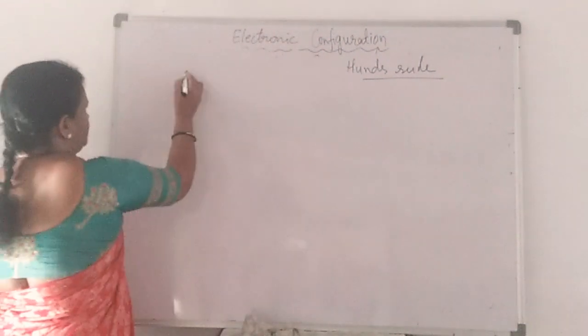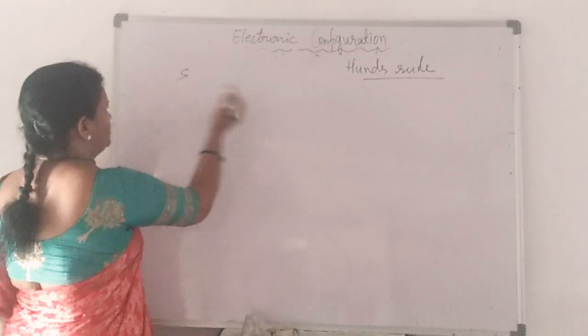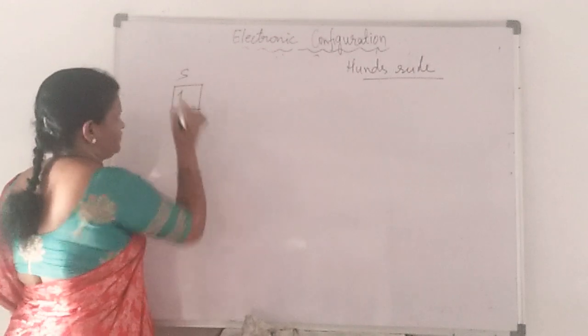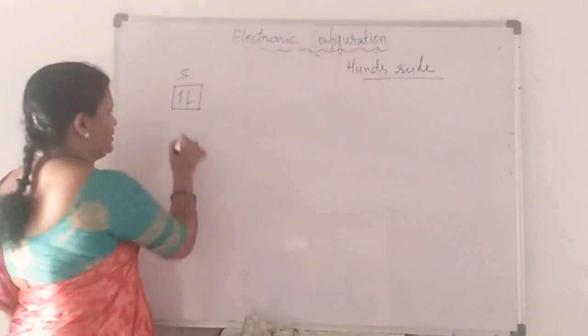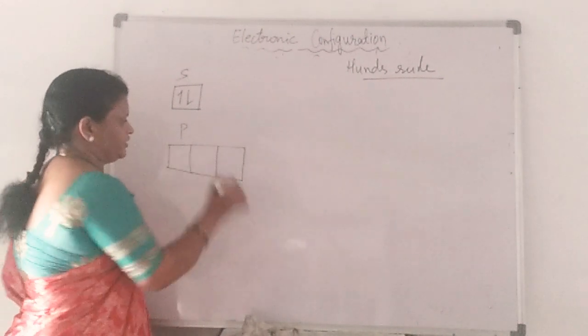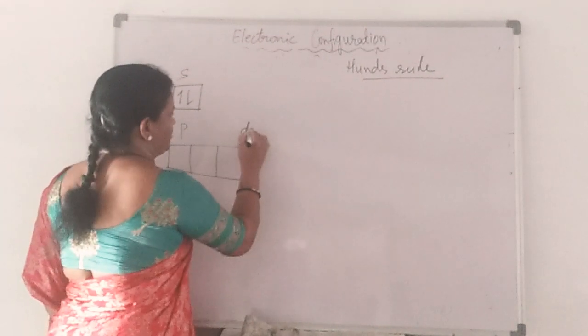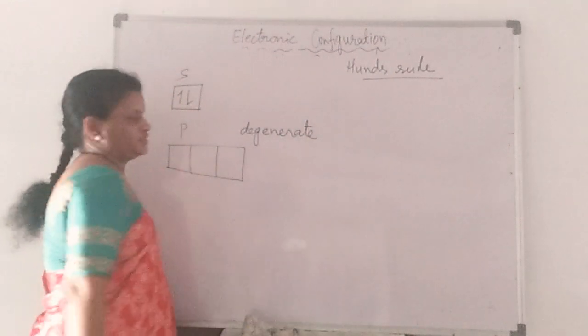If you take the s subshell, we have only one orbital. We show that orbital with the help of a square. So the first electron, and the second electron we write like this only. But in the p subshell, we have a total of 3 orbitals. These 3 orbitals are called degenerate orbitals.